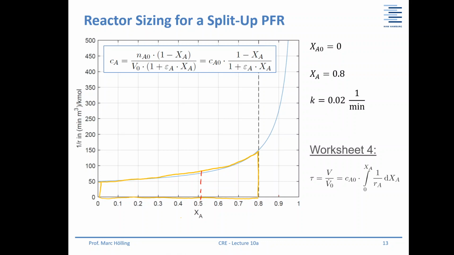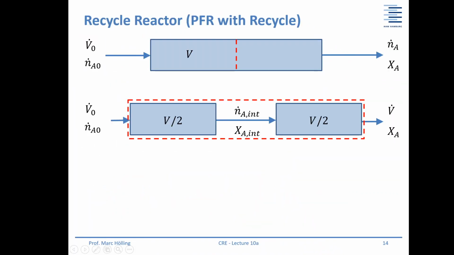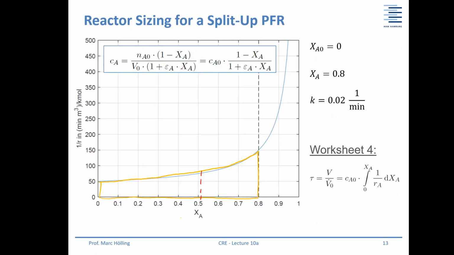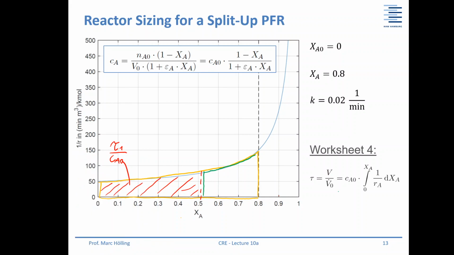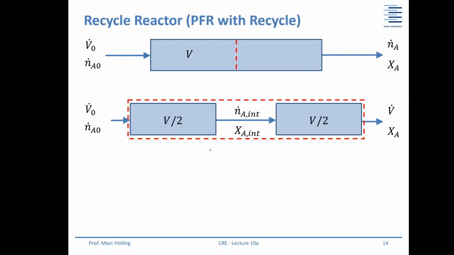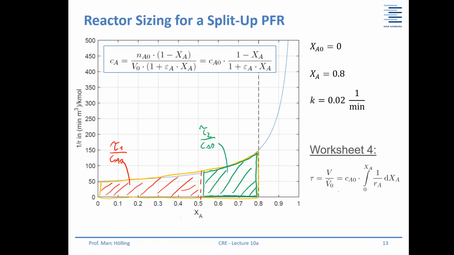Okay, if we just cut it into 2, then we can say, okay, this would be here my first reactor, so this would be tau 1 over Ca0, and then again I can say, okay, this would be just something like tau 2 over Ca0. Okay.